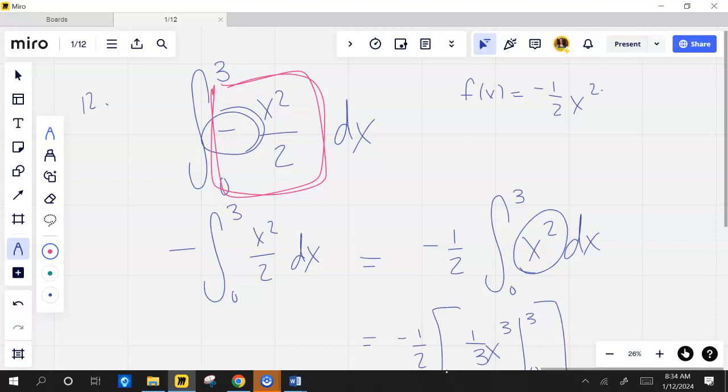So 0, comma. Average value. But I wanted to show you how to do it on your calculator so you can go back and check that stuff.